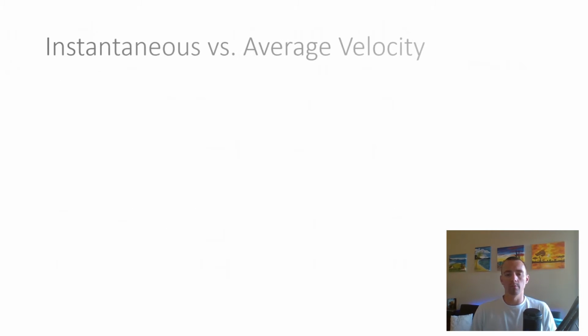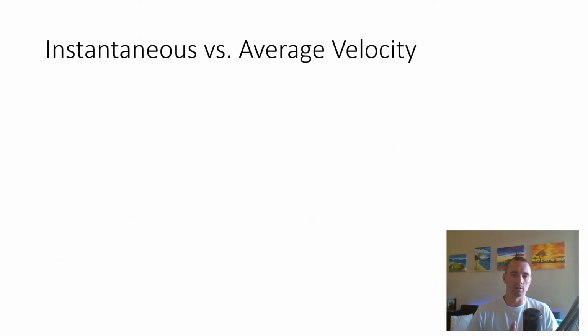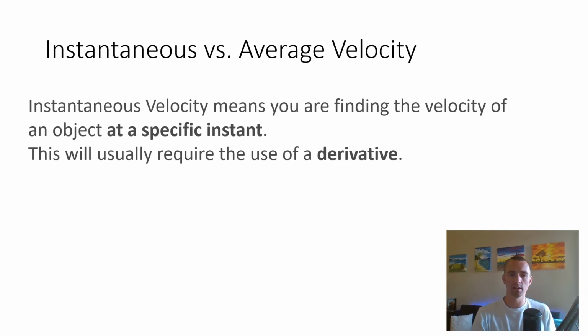When you're doing a problem like this, the first thing to think about is the difference between instantaneous and average velocity, because those vocabulary terms are calculated very differently. Instantaneous velocity means you're finding the velocity of an object at a specific instant. You can think of it like, at the snap of a finger, how quickly is a certain object moving?